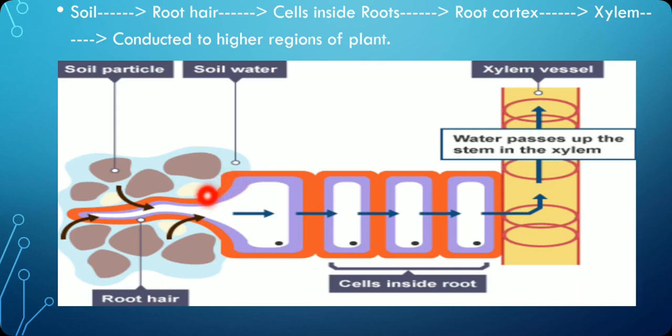Okay, you have to keep this in mind, that through the process of osmosis. Why is it so? Because there is a higher level of water outside, and in the root hair there is a lower level of water, and that's why from the higher region to the lower region, water enters the permeable membrane, or we can say the plasma membrane of the root hair cells.